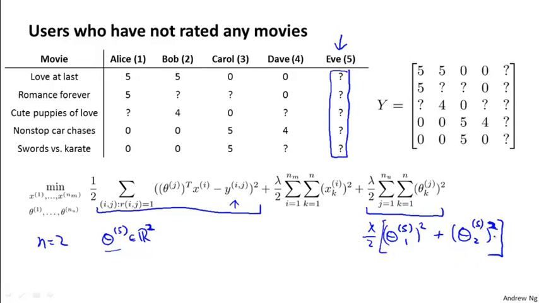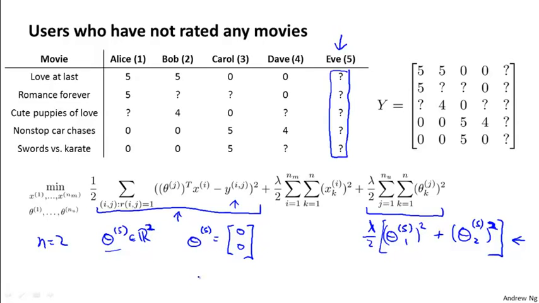Of course, if your goal is to minimize this term, then you're going to end up with theta 5 equals 0, 0, because the regularization term encourages us to set parameters close to 0, and if there is no data to pull the parameters away from 0, because the first term doesn't affect theta 5, we just end up with theta 5 equal to the vector of all zeros.